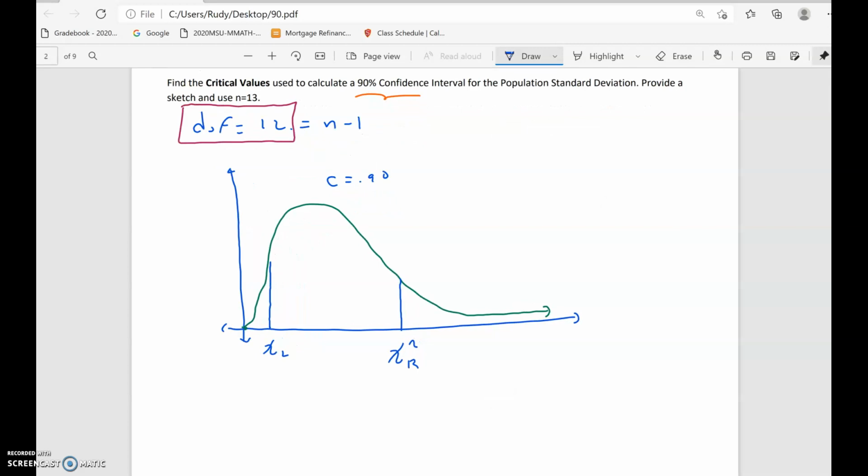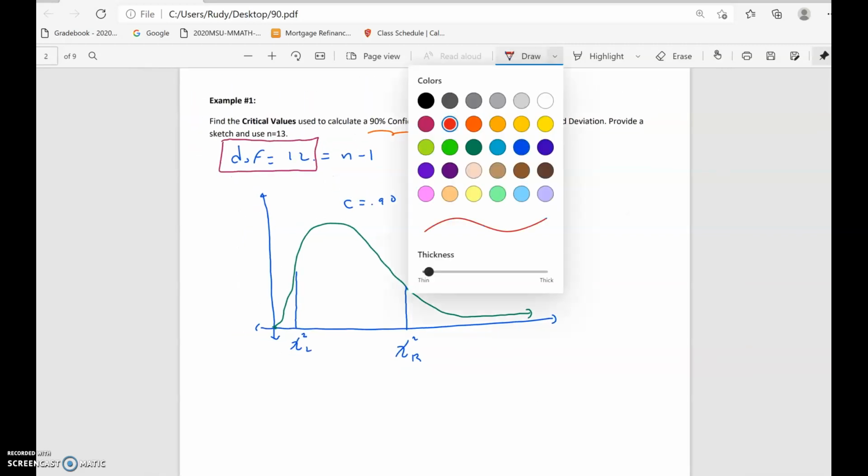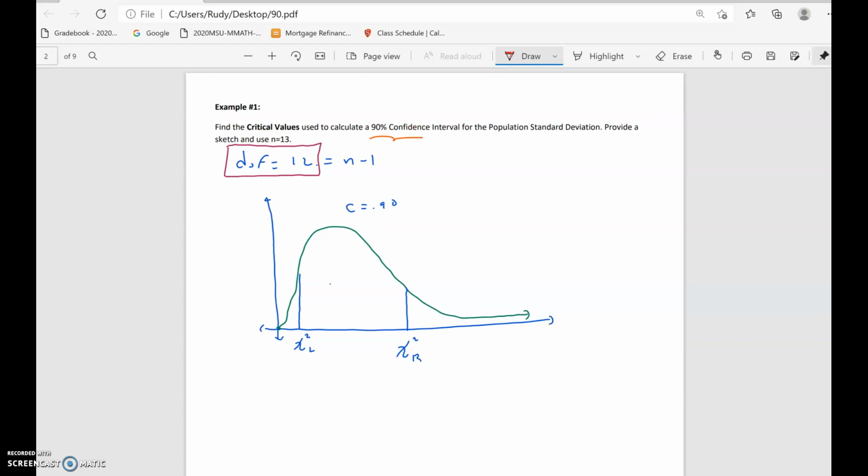So this is the position of the chi-square values for, in this case, the critical values. Now, we have to do the partitions of this chi-square distribution because this middle portion is going to be 90, which, remember, means that your alpha is equal to 10. Then your alpha divided by 2 is 0.05.